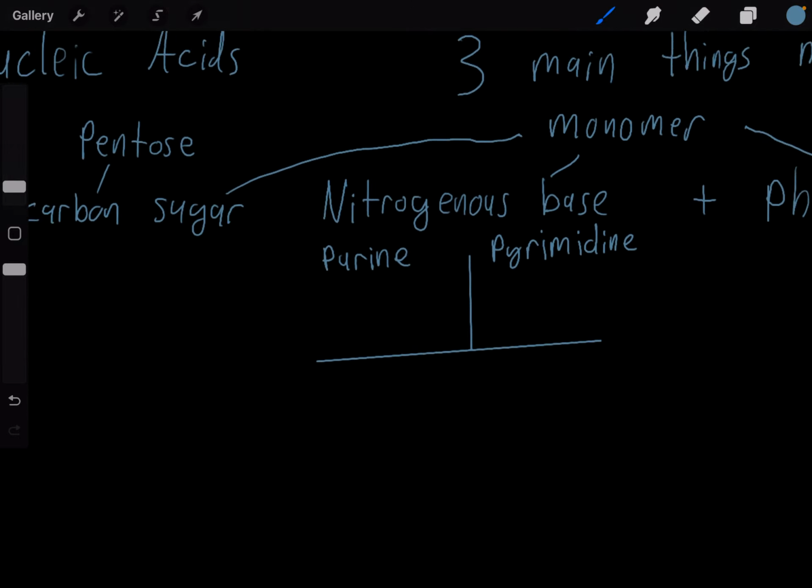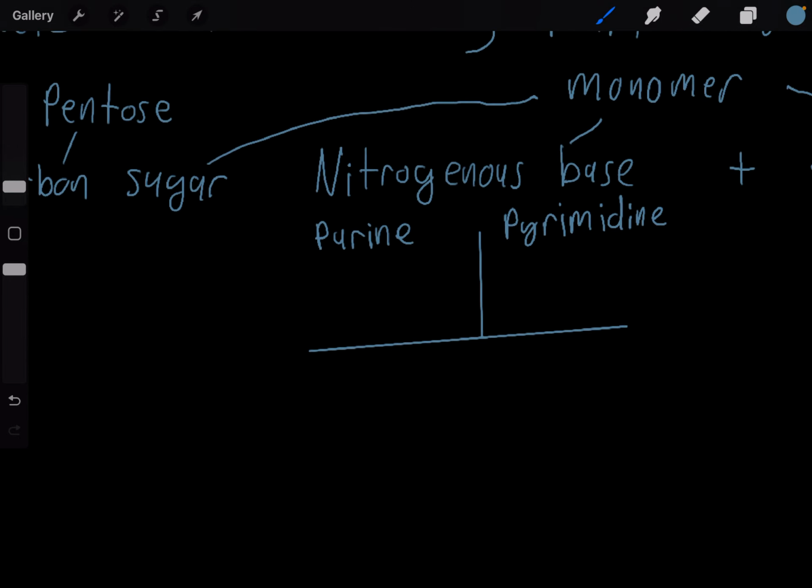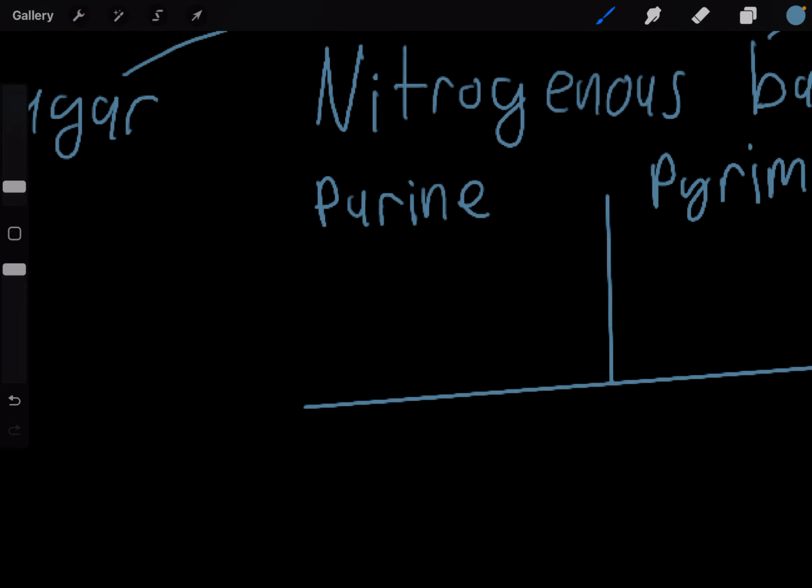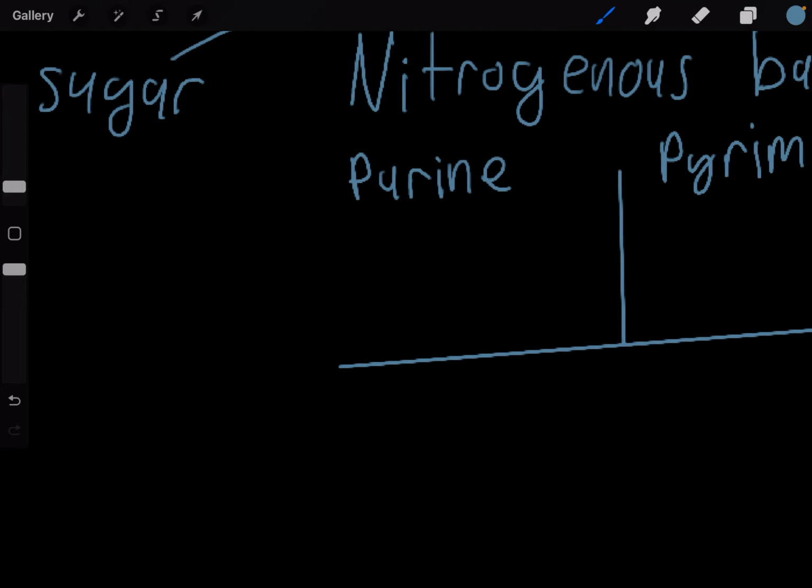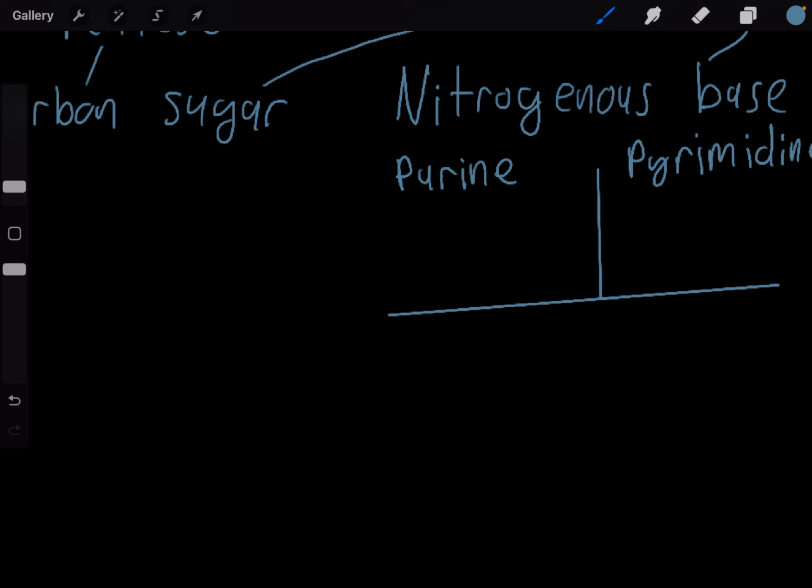The nitrogenous base has a purine and a pyrimidine, and the way we came up with to remember what to name them is pure as gold. So pure, starting with purine, meaning adenine, and gold meaning guanine.